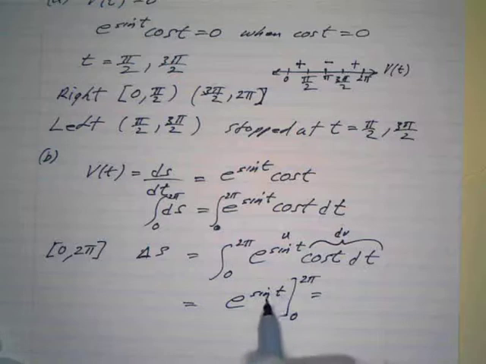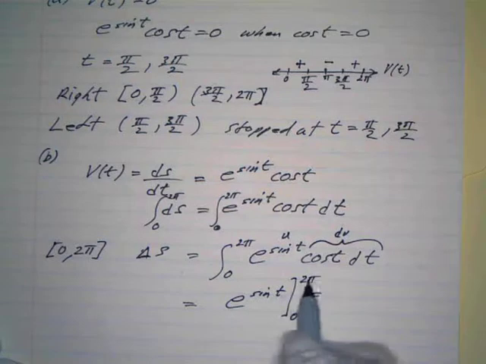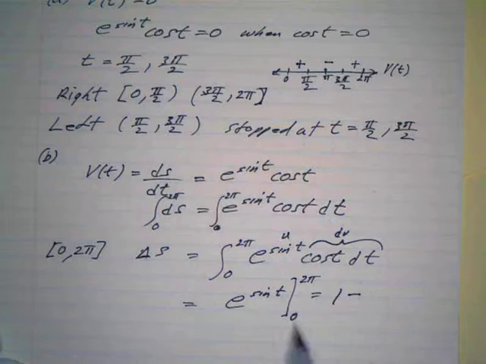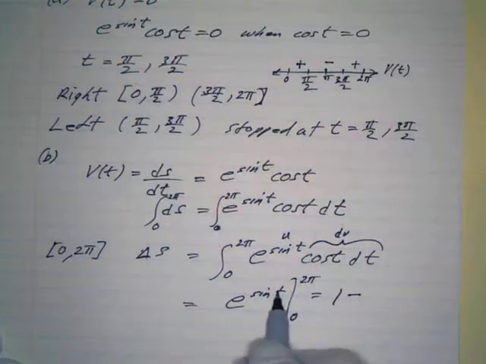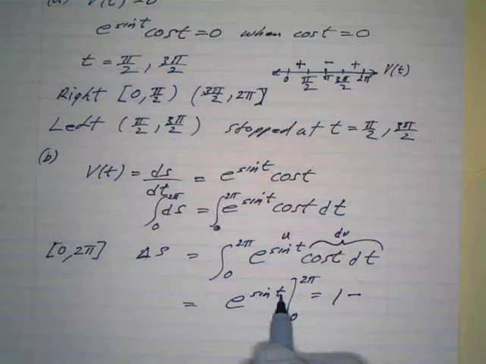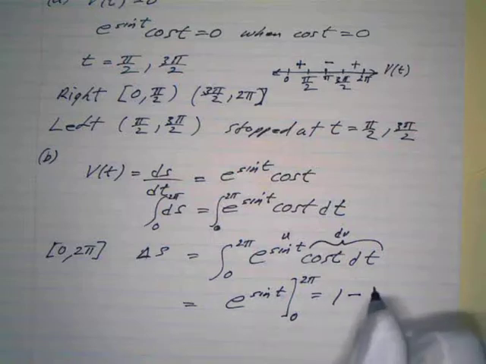Well, when t is 2 pi, the sine of 2 pi is 0, e to the 0 is 1. And when t is 0, the sine of 0 is 0, and e to the 0 is 1, so we have 1 minus 1. So again, we have 0 displacement.